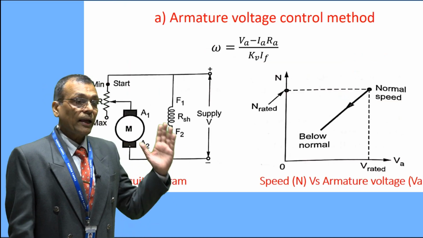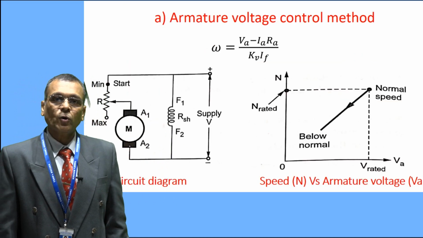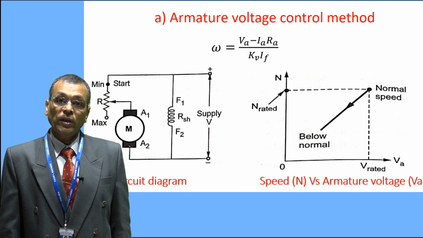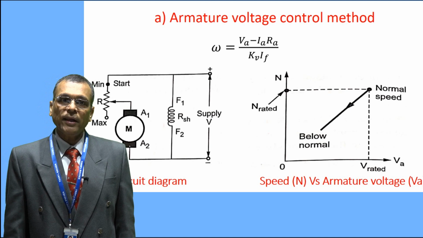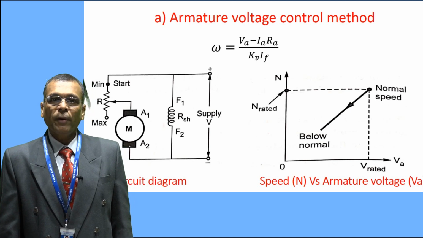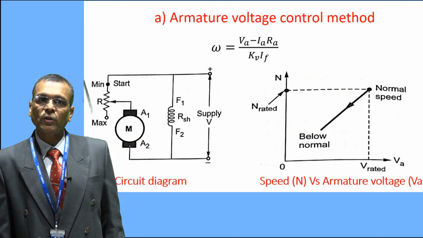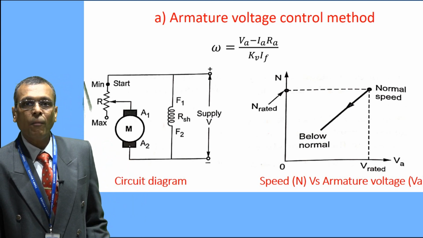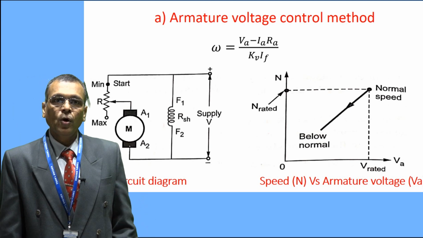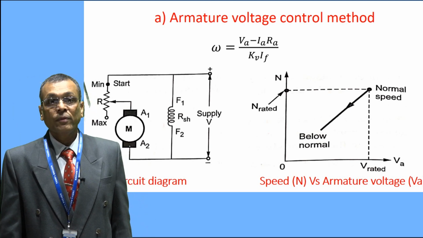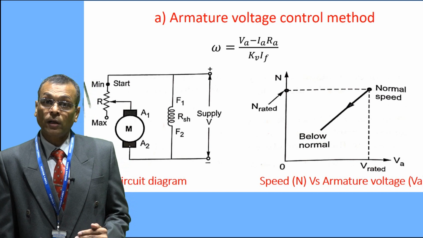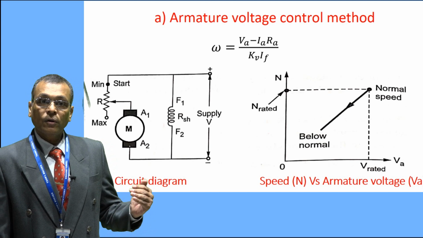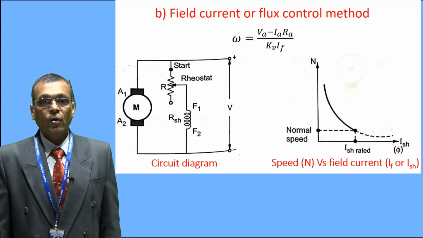You can see the circuit diagram of speed control of DC motor using armature voltage control method, in which field current is maintained at the rated value by directly connecting it to the supply, whereas the armature voltage is varied from maximum to minimum value with the help of armature rheostat. Thus, the speed of motor will change from rated value to the minimum value.